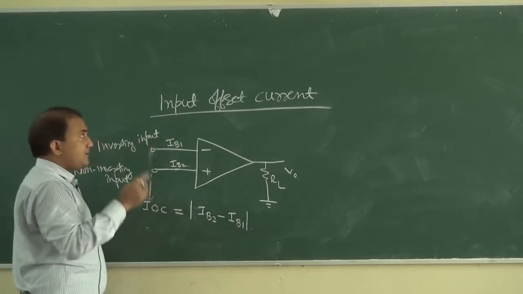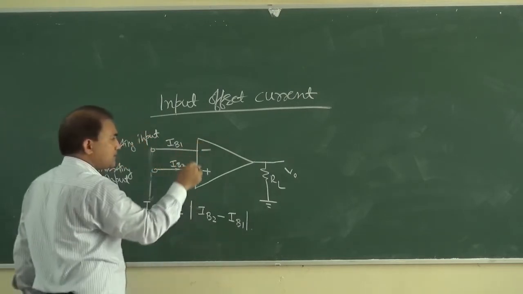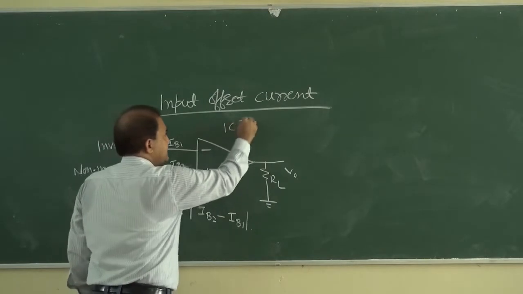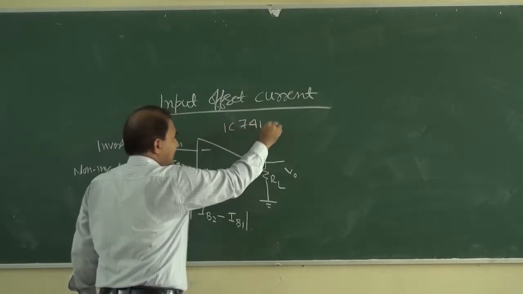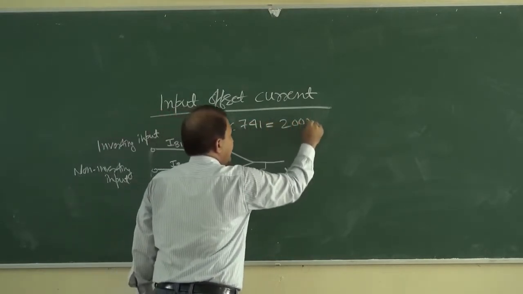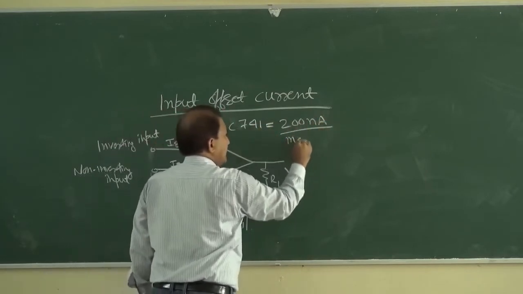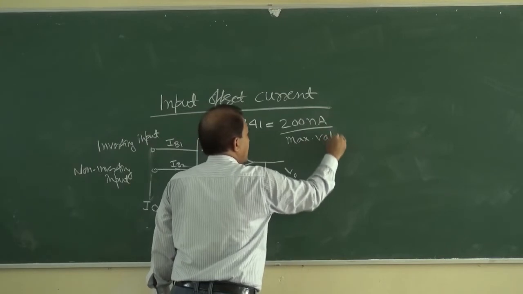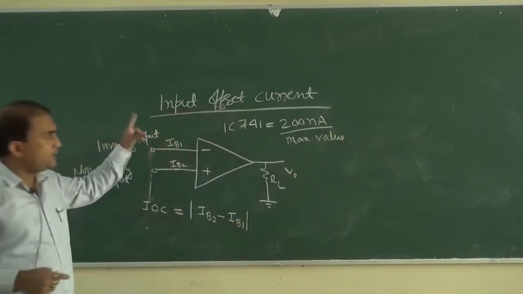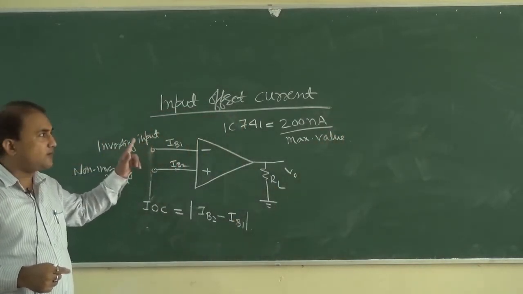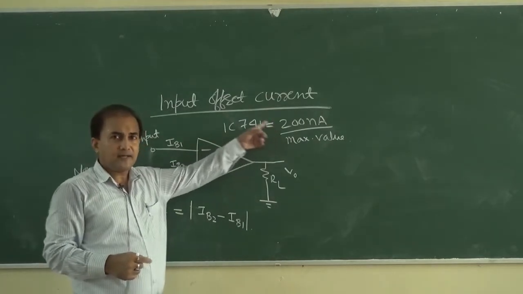The maximum value of input offset current in IC 741 is 200 nanoampere.